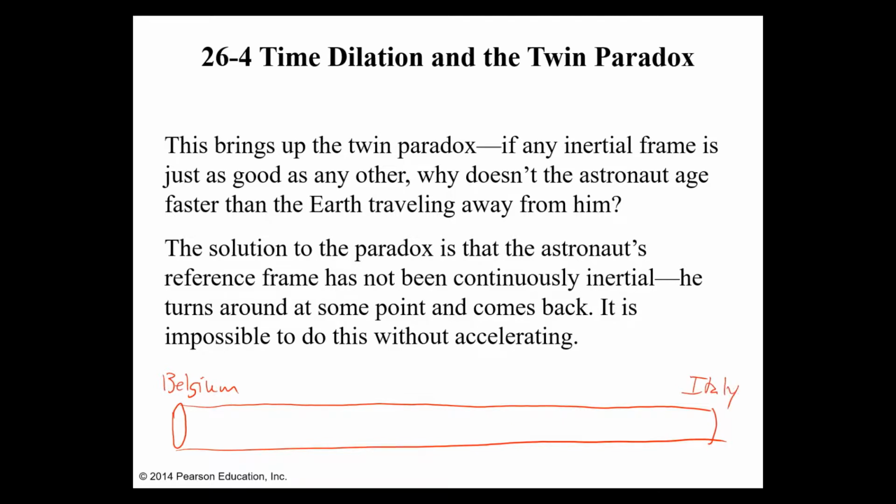Well, what they did is they synchronized the two clocks on both ends, and then they had a particle, and they sped it through and timed how long it took to go from Belgium to Italy. Well, guess what? Based on their time, this particle was actually moving faster than the speed of light, which we know is not possible. What happened?